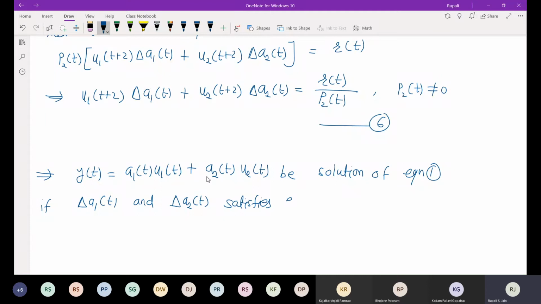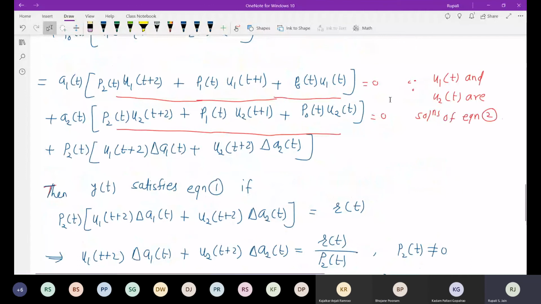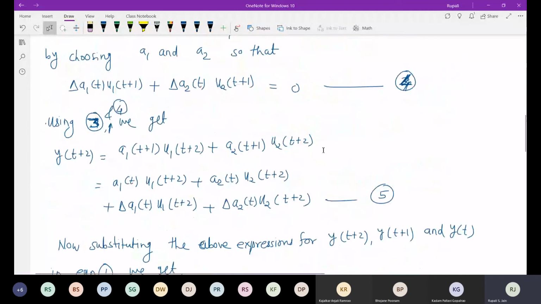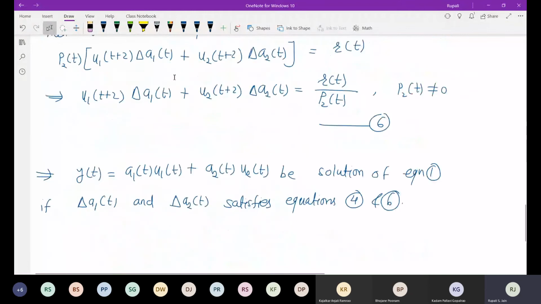Equations 4 and 6, right? Because we are choosing A1 and A2, we satisfy this, that is 4 and this 6. So yt is equal to A1t u1t plus A2t u2t is a solution of equation 1 provided that delta A1t and delta A2t satisfy equations 4 and 6. Is that okay?